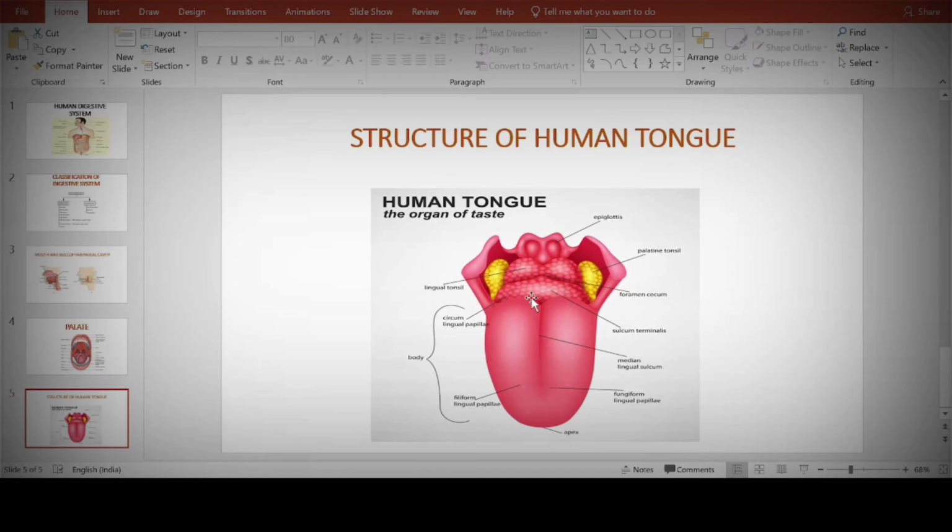Okay, now as we said, there are three types of functional papillae. These papillae act as taste receptors, or they form the taste buds basically.